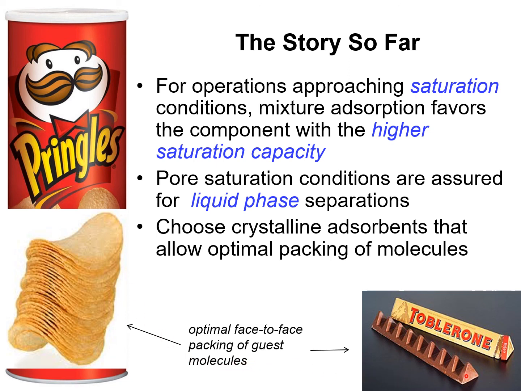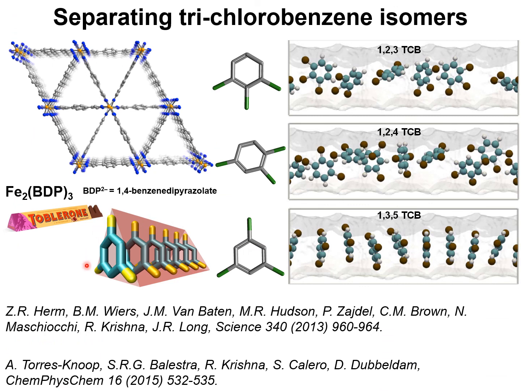or face-to-face packing of pieces of chocolate, triangular in shape, in a Toblerone container. Within the triangular channels of Fe2(BDP)3, the stacking of 1,3,5-trichlorobenzene occurs in a face-to-face manner.